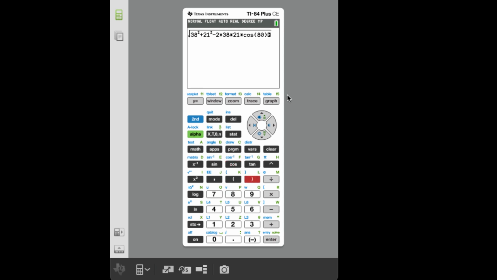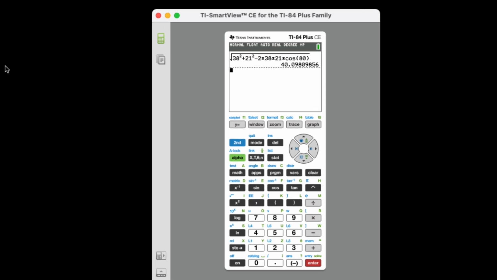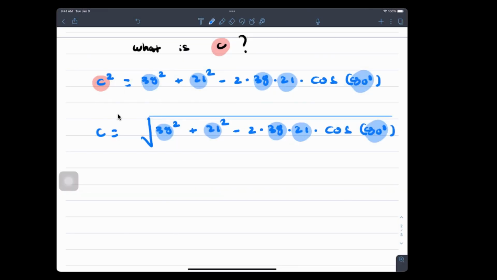So double check, ladies and gentlemen. I entered everything here the way it's supposed to be. What do you think happens when I hit enter? We're going to go out to the nearest whole number. What is this going to give us? Isn't C going to be approximately what, 40? Come on.